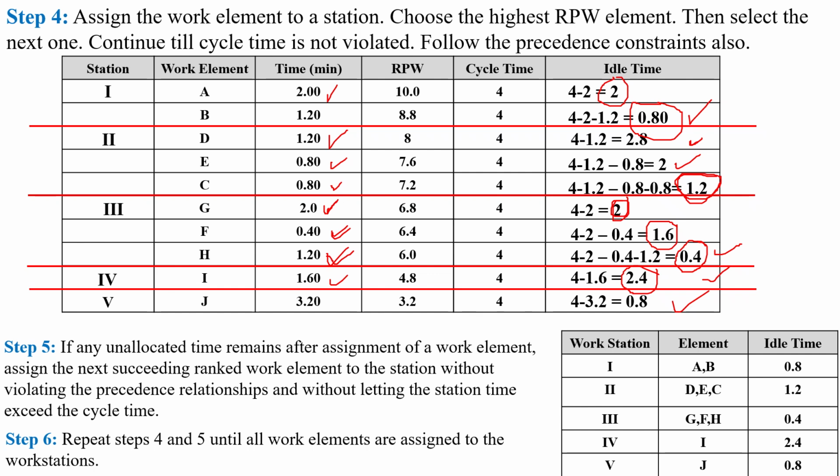Second station is having the elements of D, E, C, and idle time is the 1.2. And third station with the work elements of G, F, H, and idle time is the 0.4. And fourth station which is having only one element, that is the I, idle time is 2.4. Next the fifth station is also having only one element, that is the J, and idle time is the 0.8. So this is the assignment of the work elements to the stations.